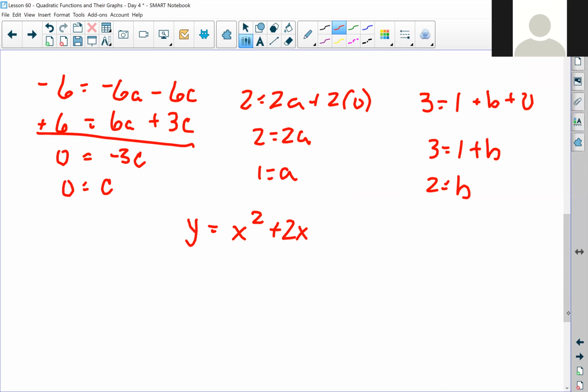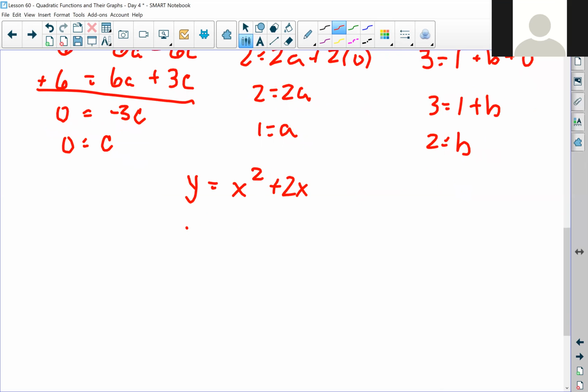To find my vertex, x equals the opposite of b over 2a. It's just kind of nice as well because you have them labeled as a and b in the solving. It works out really well. x is -1.